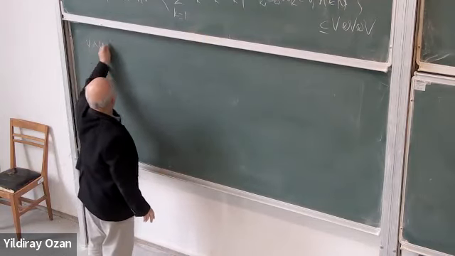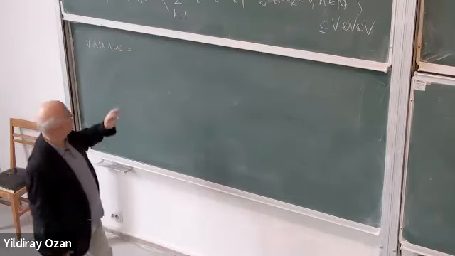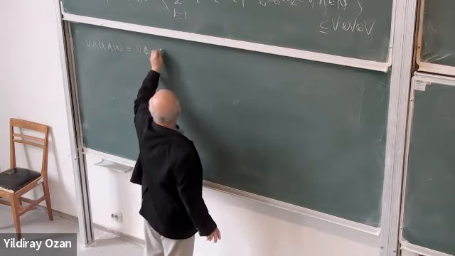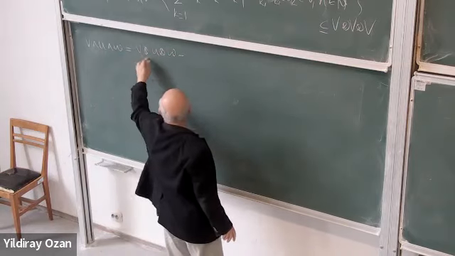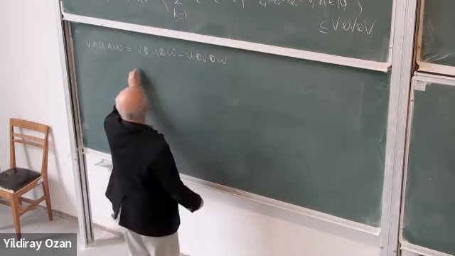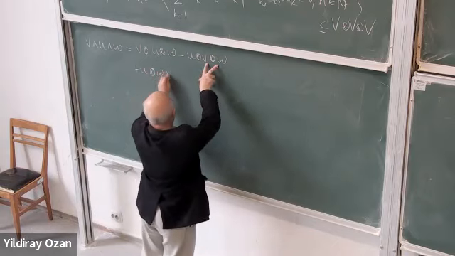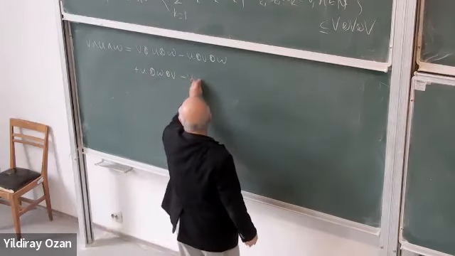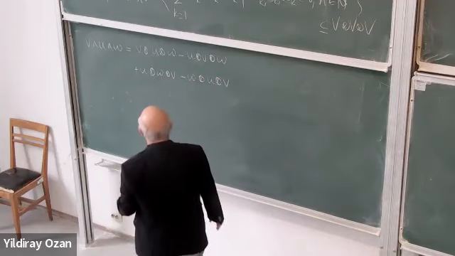So v wedge u wedge w. This is just an alternating sum of tensors, right? So v times u times w, and then you just keep changing, right? You change this to u times w times v, and then you change this to w times u times v, and then I can do what?